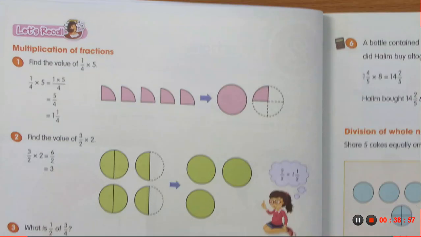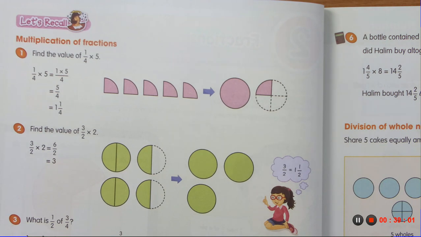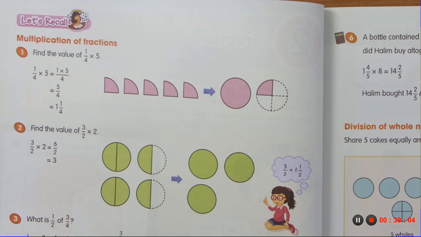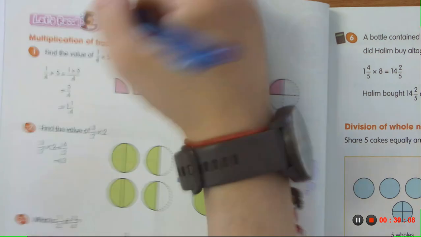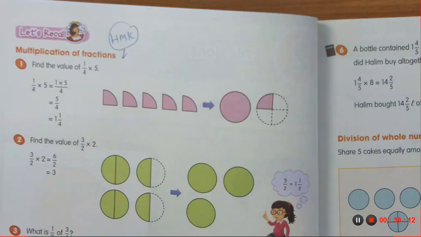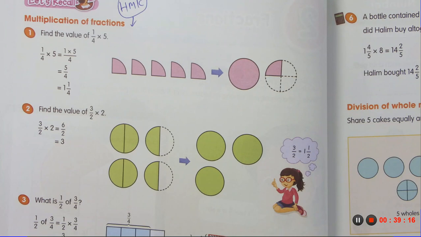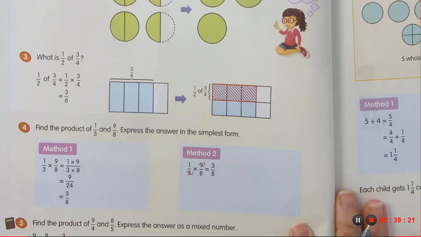Now, look. Okay, today's homework. Okay, take note. Oh, wait. Two hands on the table, please. This is the first homework. I want you to read and be familiar with this page. This is essentially what we went through just now, the revision of multiplication of fractions.